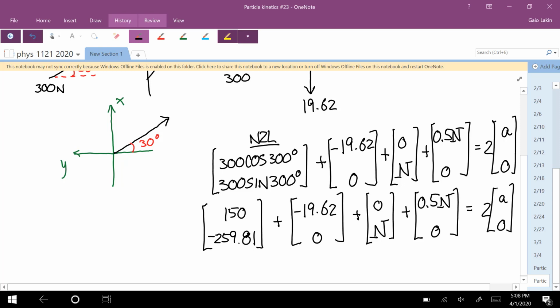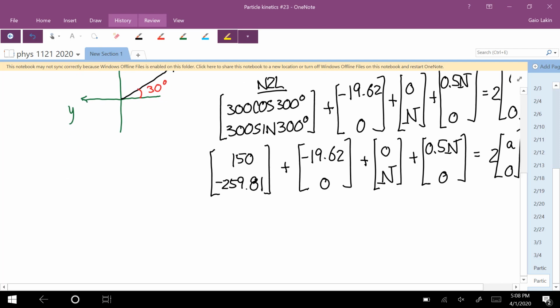All right, so how many variables do we have? How many equations? Our two variables are a and N, and we have two equations, so we should be able to solve it. The way to do this with these friction problems is pretty much always to use the y equation first to solve for N, and then plug that value of N into the x equation.